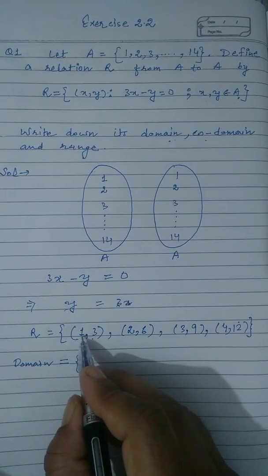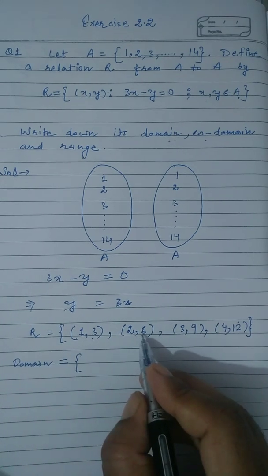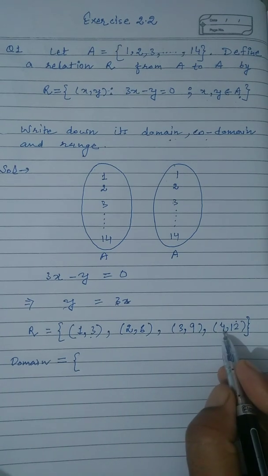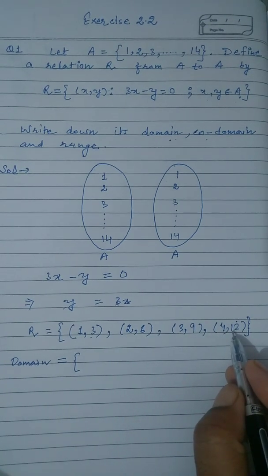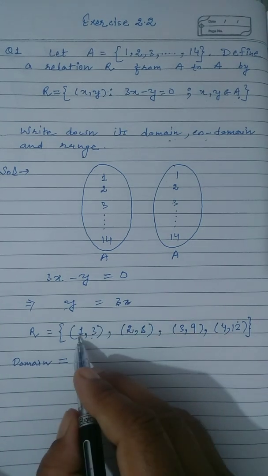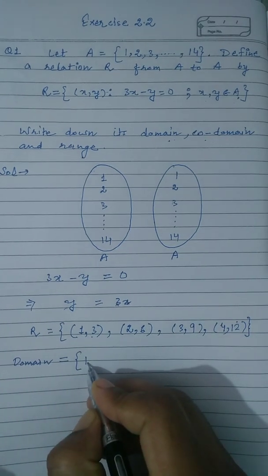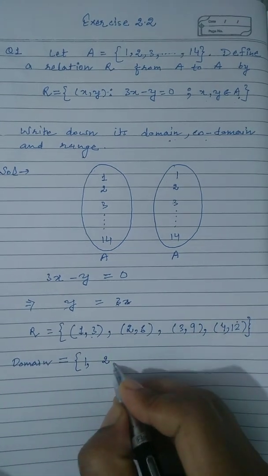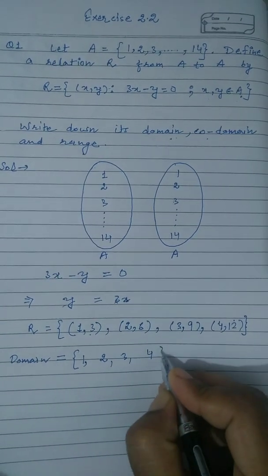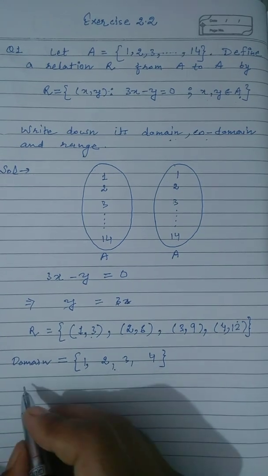This is the first ordered pair (1, 3), the second (2, 6), third (3, 9), fourth (4, 12). The collection of abscissas, the first elements, that is 1, 2, 3, 4. This collection is called the domain of the relation.